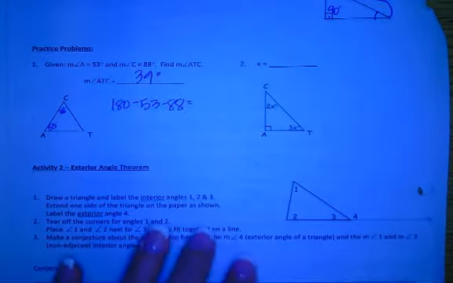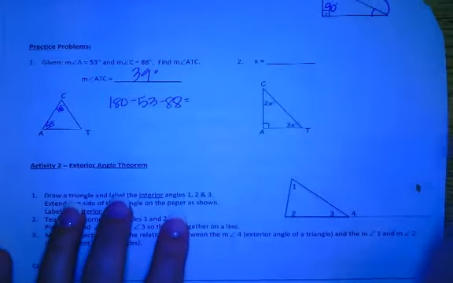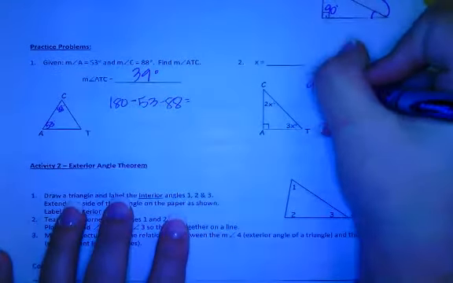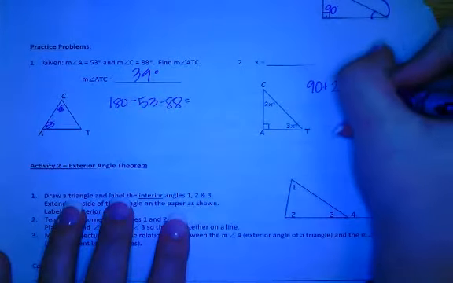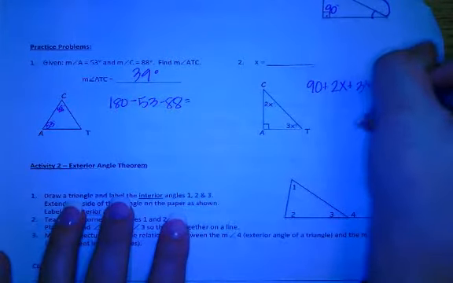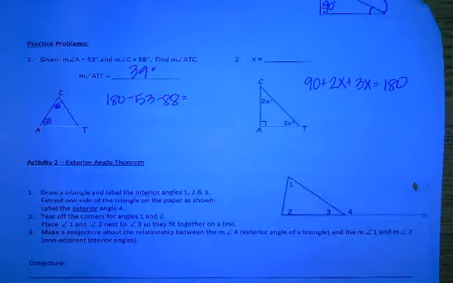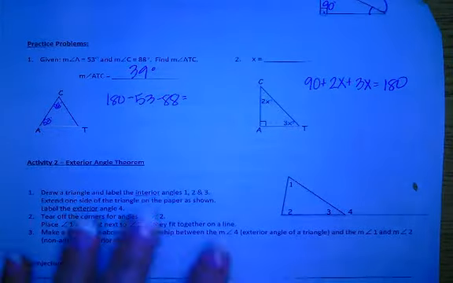Okay, for number 2, how would we solve this? 90 plus 2x plus 3x equals 180. What would have been another way to solve that? Very good. 2x plus 3x equals 90.